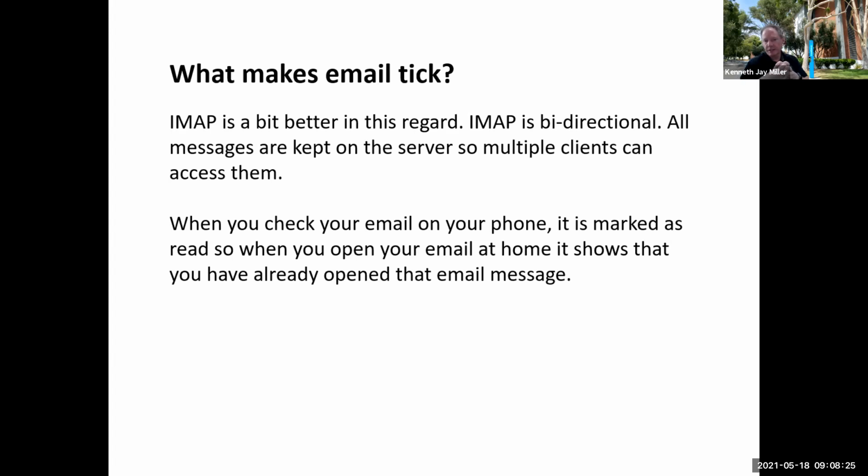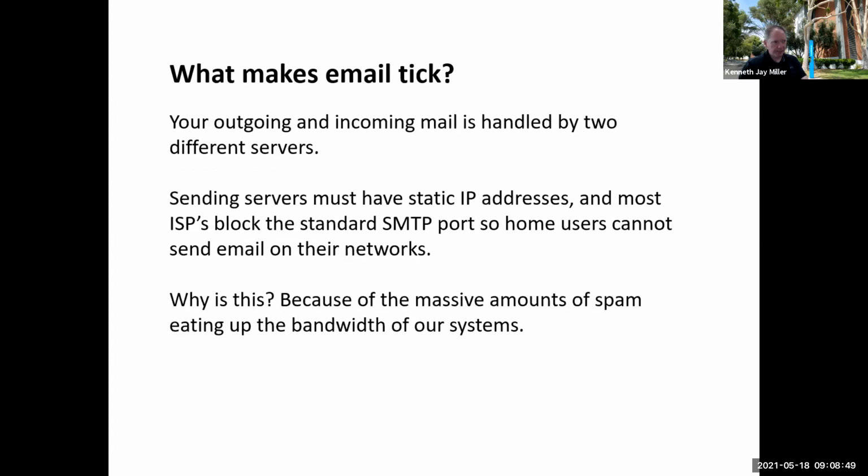So when you check your email on your phone, it's marked as read. When you open your email at home, it shows that you've already opened that email message, right? So on our phone, on our computer at home, our computer at work, it's all available there. Like our Gmail, our web mail clients, they're using IMAP as well.